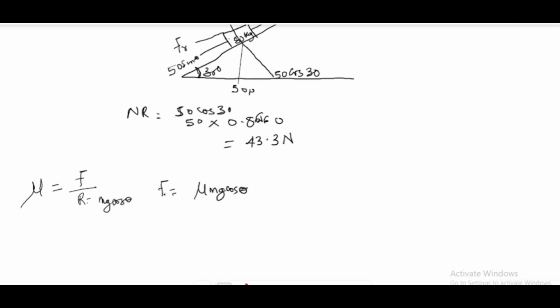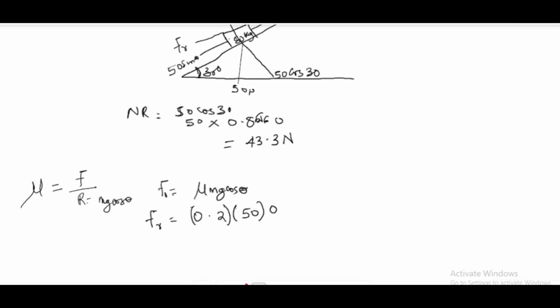So now all this information has been provided, so we're going to just substitute and find the friction. So the force of friction is equal to, what's our coefficient of friction? We have it to be 0.2. We have the mass to be 5 kg. In fact, mg is 50. And then cos theta, oh, we've gotten the normal reaction.